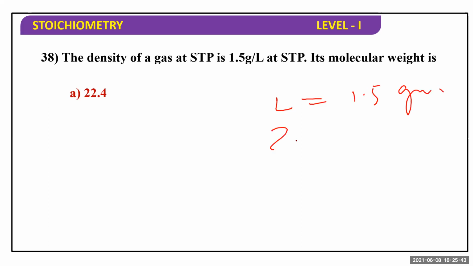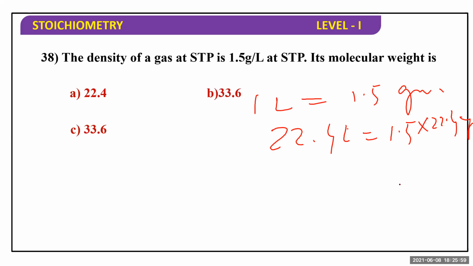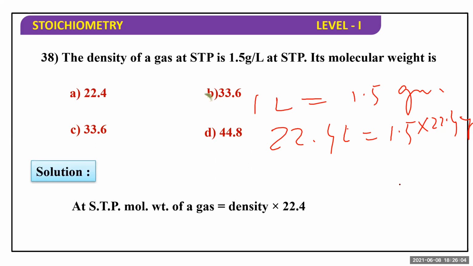Then 22.4 liter equals 1.5 into 22.4, which is 33.6 gram. Then this is the molecular weight. So which one is the correct? Both B and C contain the same value.